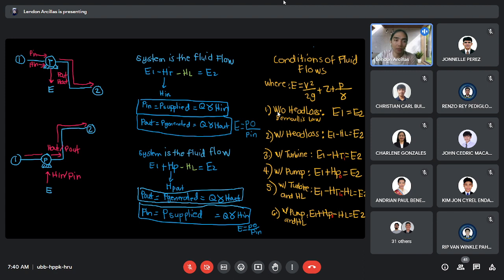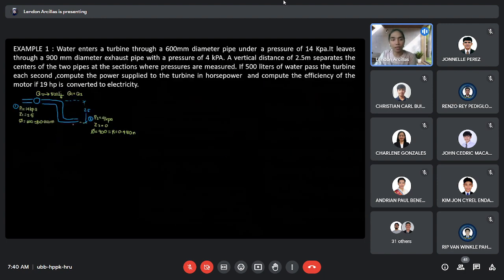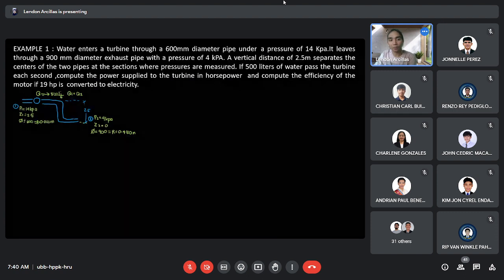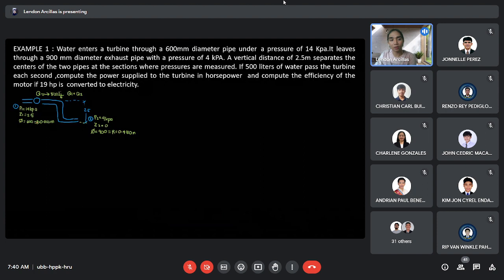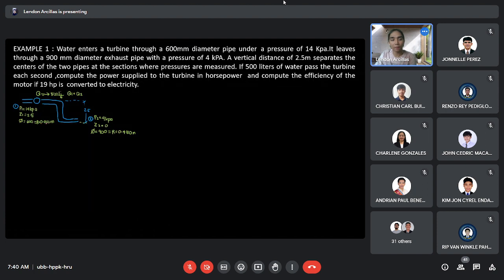One, there is a 14 kilopascal pressure. The elevation head at point 1 is 2.5, it says here, from the datum. And the diameter of the pipe at point 1 is 600. I will just convert this to radius in meters, 0.3.